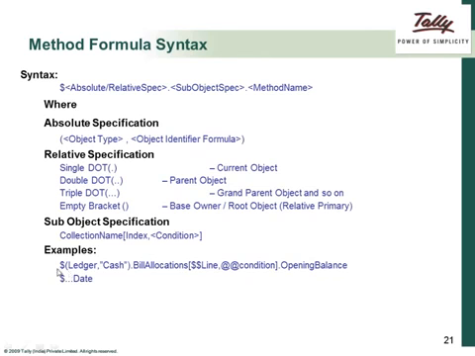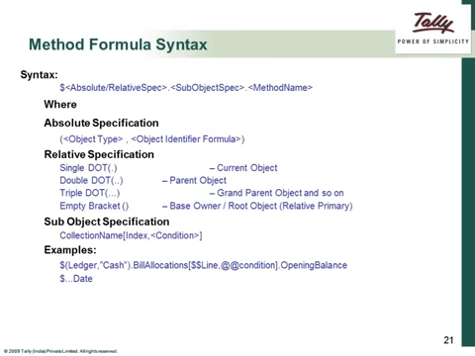There is an example we have given here: dollar, open round bracket, ledger, comma, cash, close round bracket, which means you need to go to an object type called ledger whose name is cash. In the cash, dot.